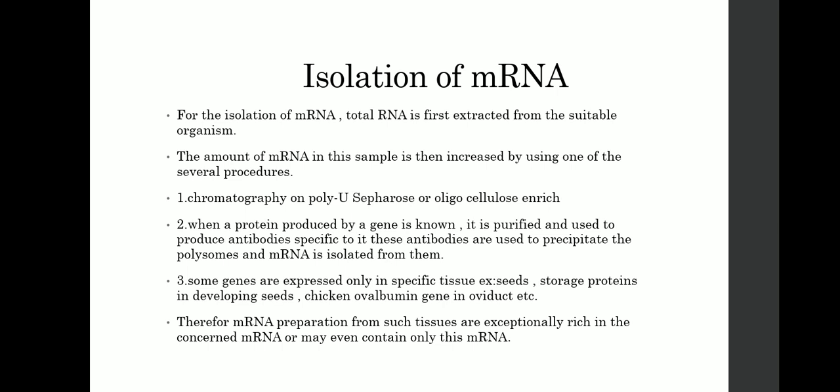And in another way, some types of genes are expressed only in specific tissues. For example, the storage proteins in developing seeds, and the chicken ovalbumin gene in the oviduct. All these are genes expressed in specific tissues only.